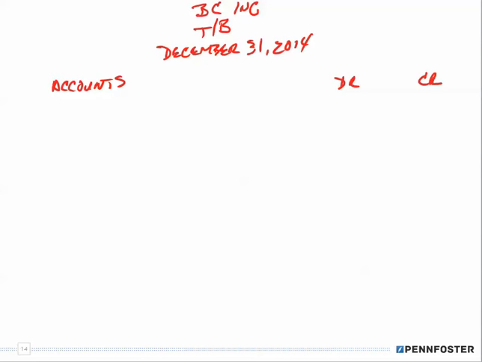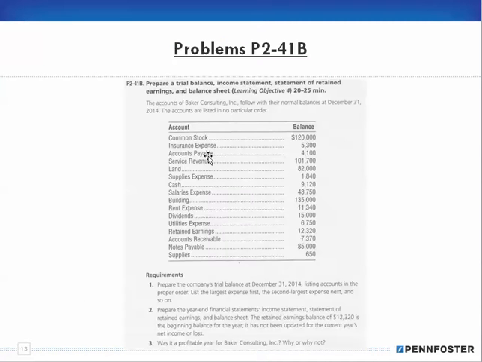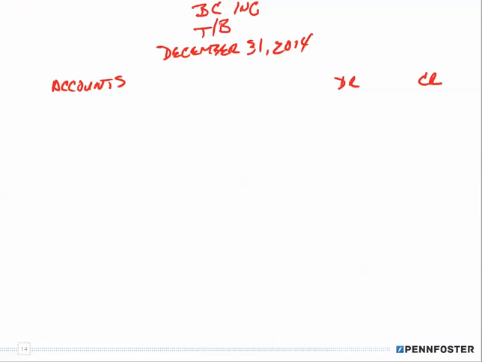And my accounts are listed in the order of assets, liabilities, equity, then revenues, and then expenses. I'm not going to be bouncing back and forth from this screen to this screen. You have that in your book, so you can follow along from there.